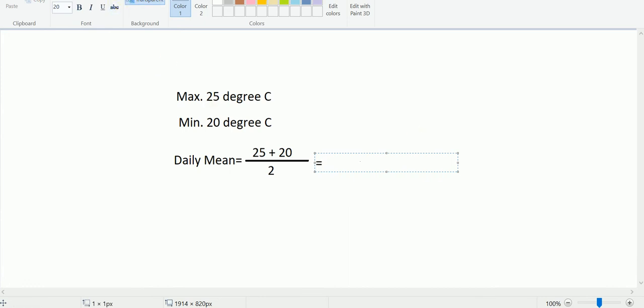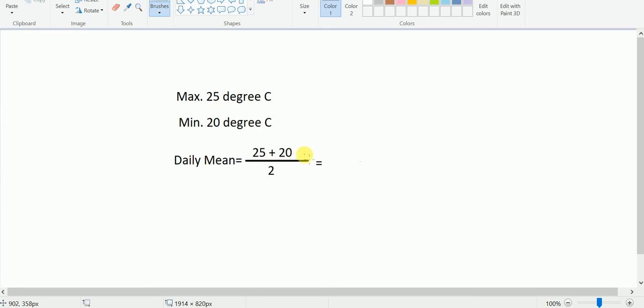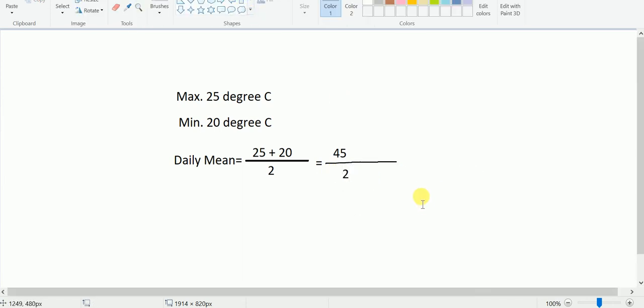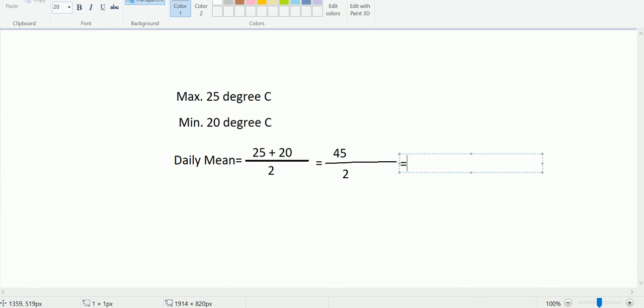Here, 25 plus 20, 45, right? 45 divided by 2 is equal to 22.5 degrees Celsius.